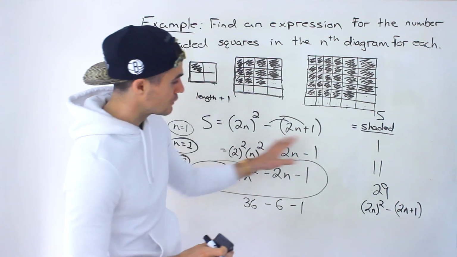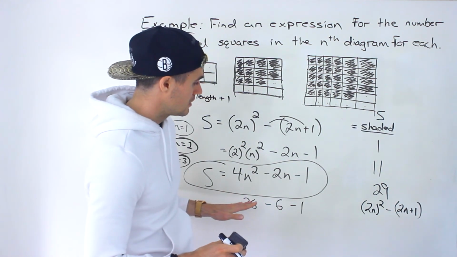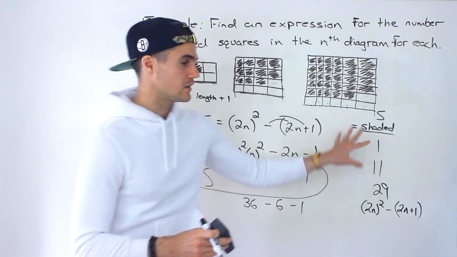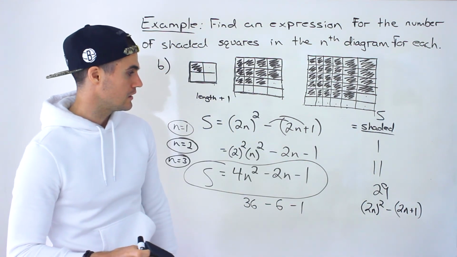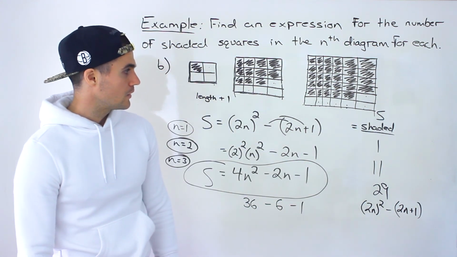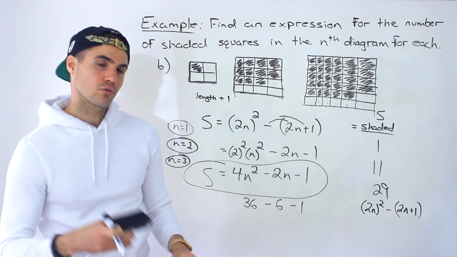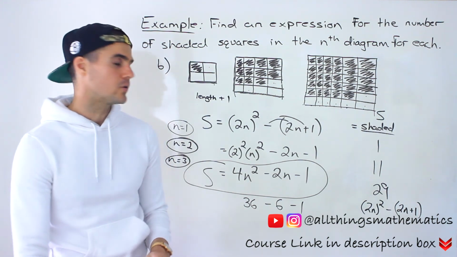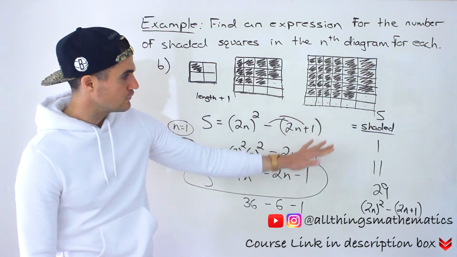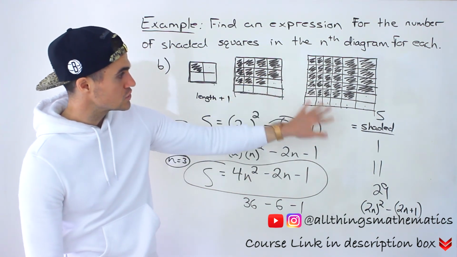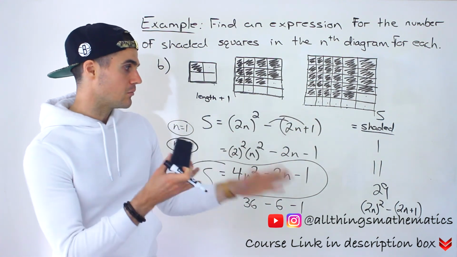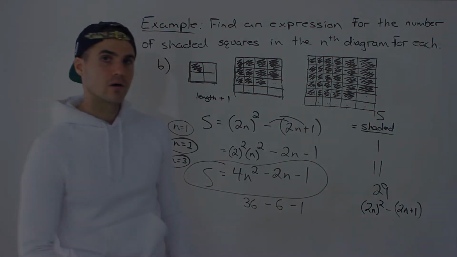All right, so once you get your final answer, check it with the amounts you have in the diagram. For these kinds of questions, this is the process that I personally go through, and this is the process I recommend: creating a table of values for the total, the unshaded, the shaded, then combining them, and then getting your expression.